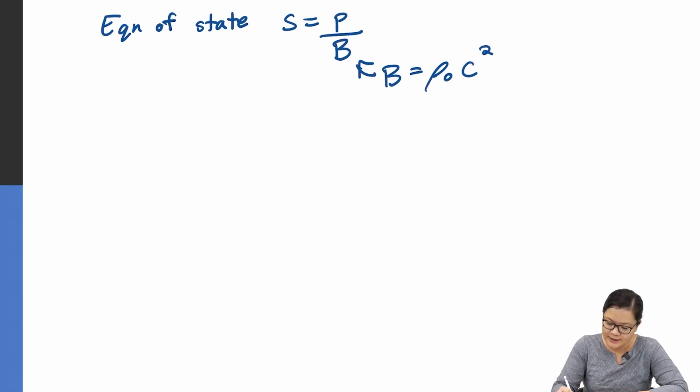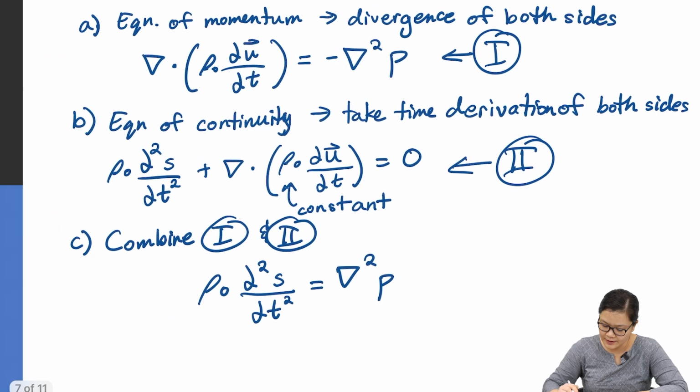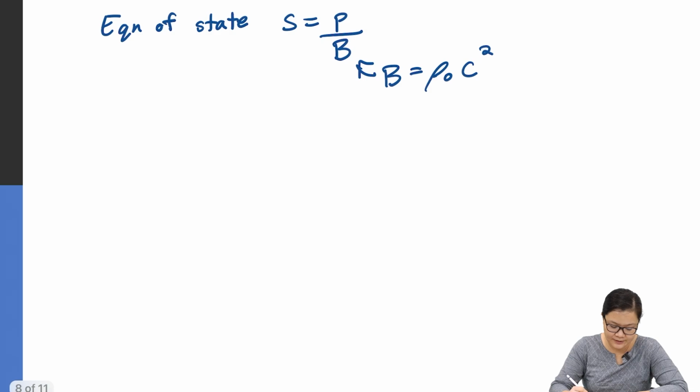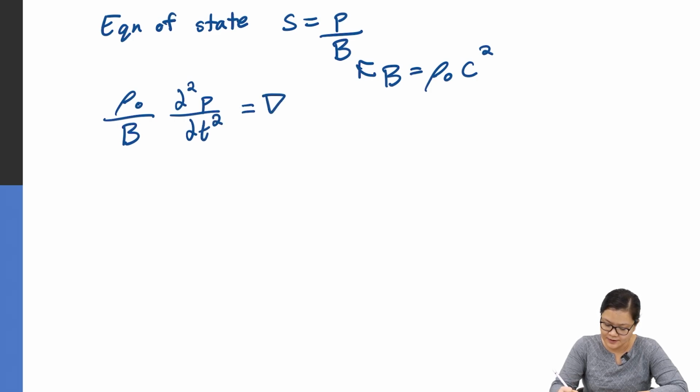So now if we plug S into our equation here, the final equation that we would get is rho naught divided by the bulk modulus times the second partial derivative of pressure, and that equals the Laplacian of pressure.